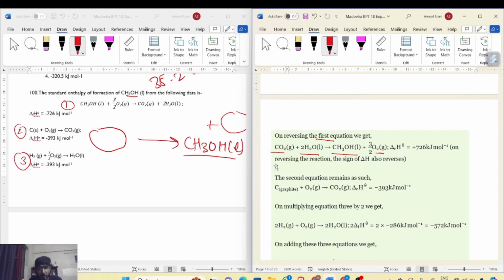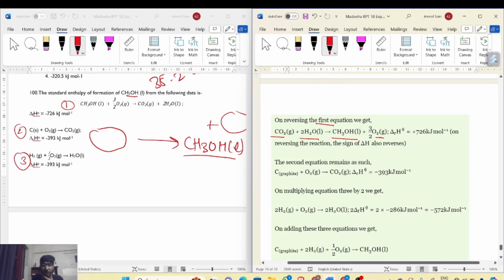For equation 2 and equation 3, our main focus is that we want CH3OH on our product side. Equation 2 will remain the same.